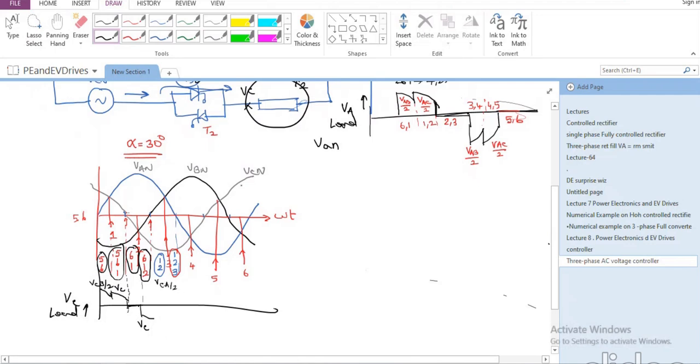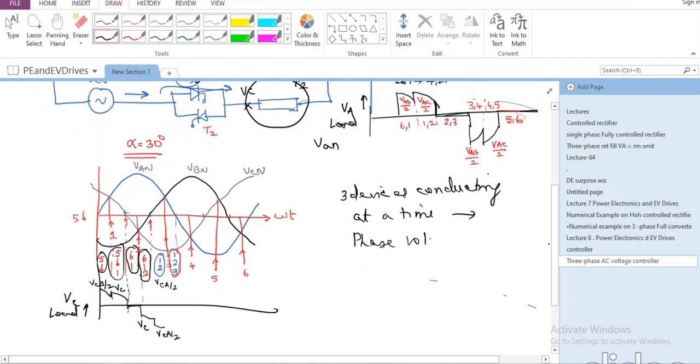So VC is here, VA is here. So VCA is definitely in the negative direction. So this is going to be VCA by 2. I hope you get the drift of it. Whenever you are having three devices conducting at a time, phase voltage appears across the load.